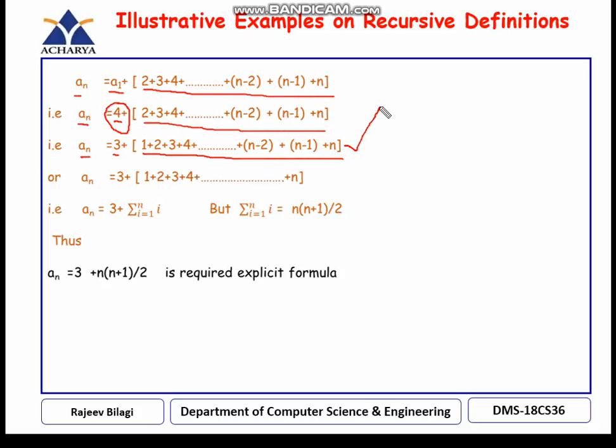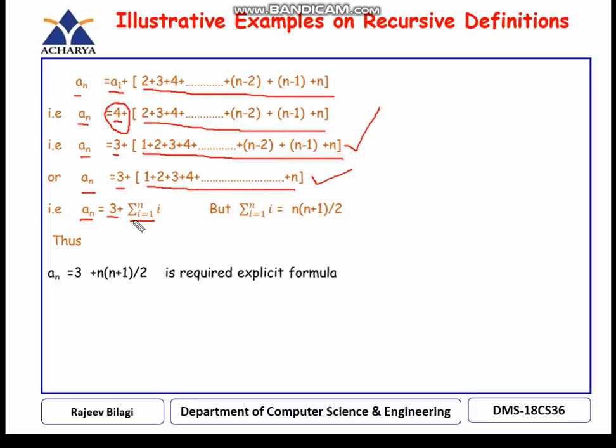So an equals 3 plus 1 plus 2 plus 3 plus 4 up to n. So I can write it as an equal to 3 plus 1 plus 2 plus 3 up to n terms.